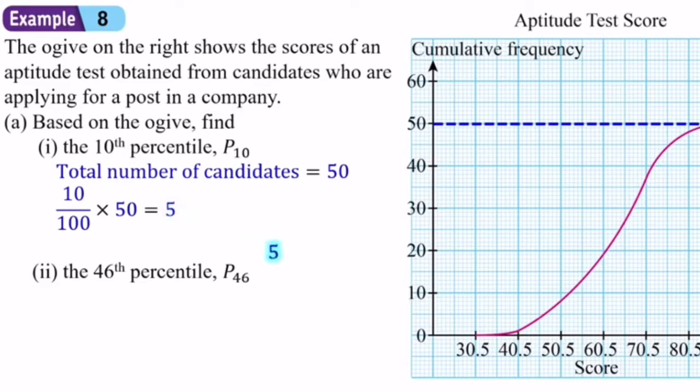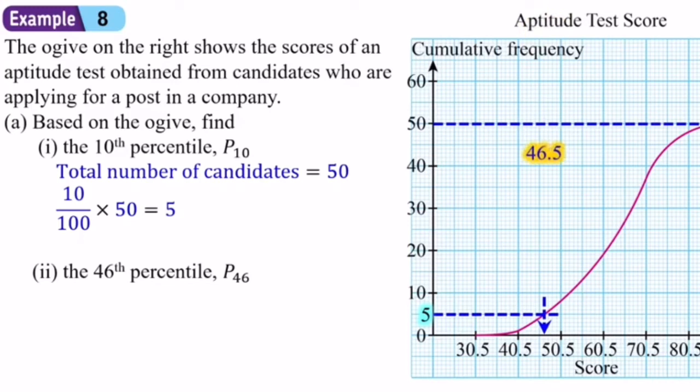So now let's go to the graph and draw the horizontal line that touches the Ogive, and after it touches the Ogive, we will draw a vertical line and then read the score. Alright, make sure you use a ruler to read from the point where the horizontal line intersects the Ogive. You need to work out the scale before you read the score.